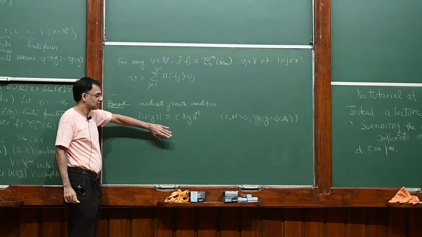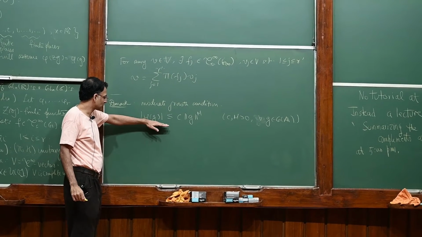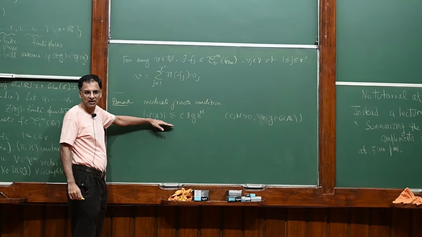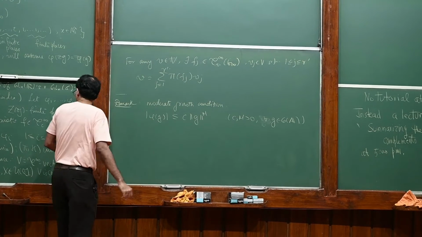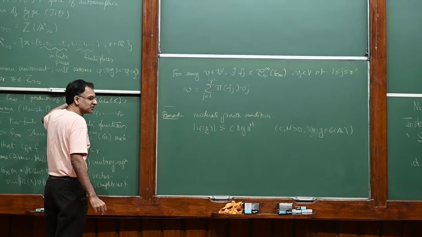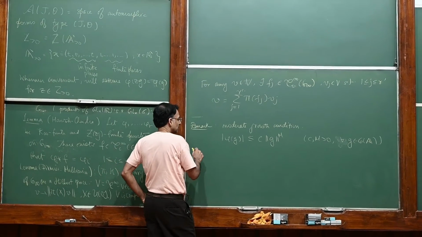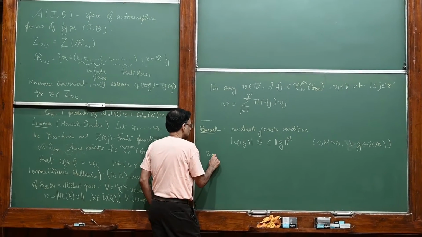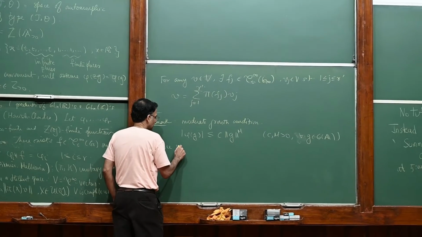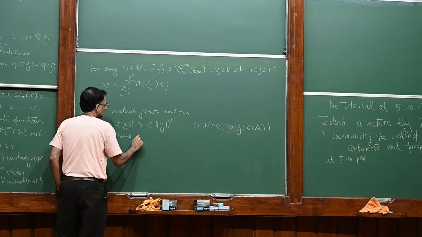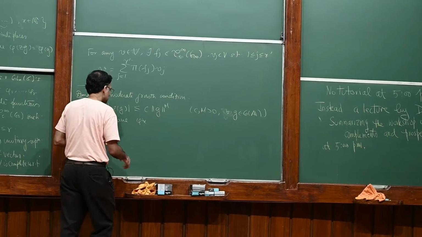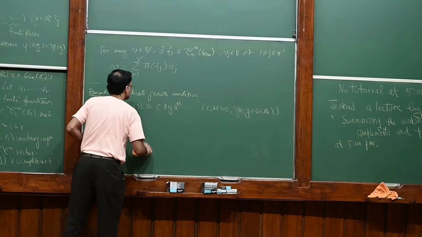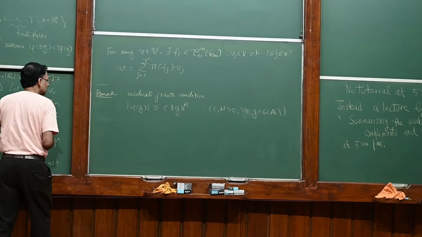Sometimes people demand moderate growth not just for phi but for all X phi, where X is in the universal enveloping algebra. But essentially, because of this lemma, it amounts to the same thing, because we have phi convolution... Okay, maybe I should make this comment after pointing out the corollary of this lemma.